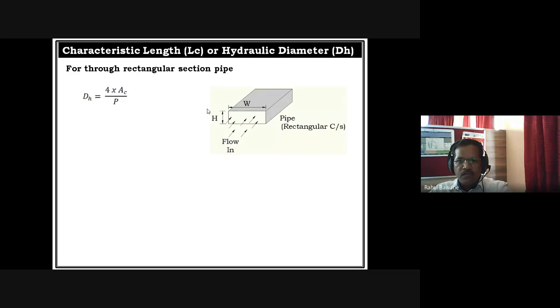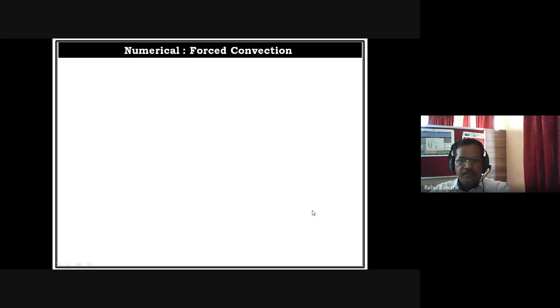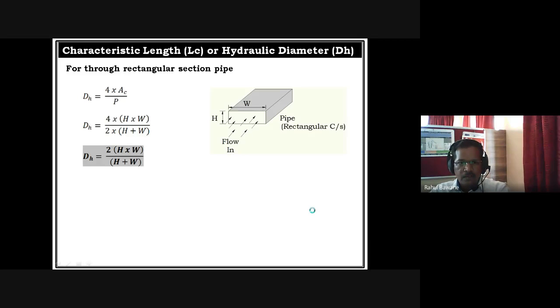Suppose there is a rectangular pipe section having width W and height H. The cross section area is H multiplied by W, height into width, divided by the wetted perimeter, which is twice of H plus W. On simplifying, the hydraulic diameter for this rectangular section is 2HW upon H plus W.